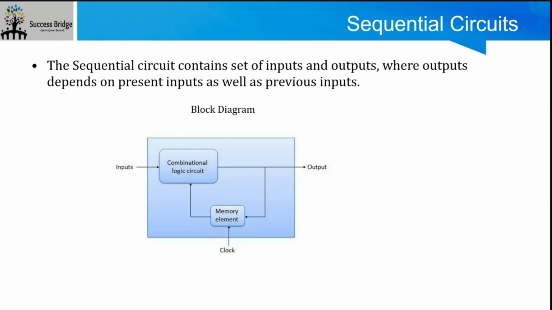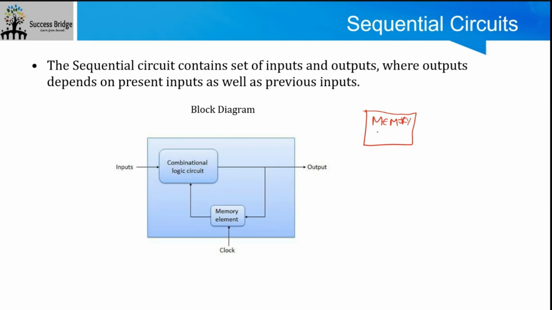Coming to sequential circuits. So compared to combinational logic circuits, a sequential circuit is something that has a memory element. Okay, so there is a memory element.